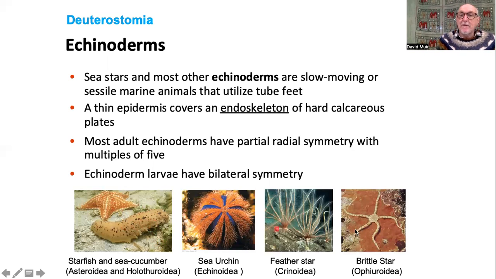So these are the major echinoderm groups, and these are our kissing cousins. They are in the same group as we are, the deuterostomes, and they show molecular similarity to all of the rest of the deuterostomes, and they show some of these characteristics, like having an internal skeleton based on a calcium compound, not a carbon compound.